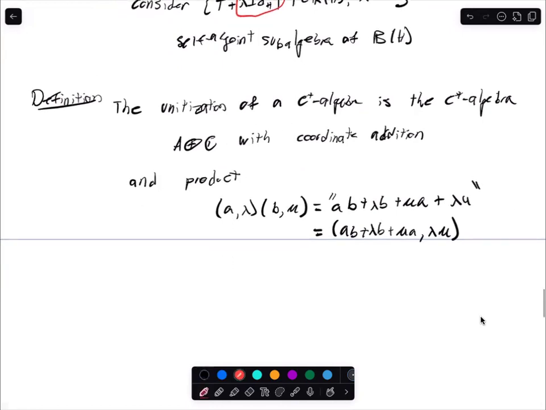Good. So this is actually a claim that this is a C-star algebra. Let's give it a norm too.